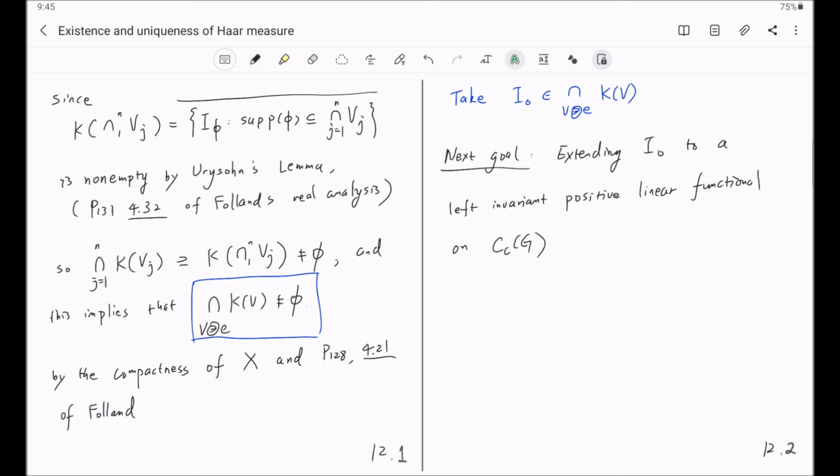Remember, at this moment, by definition, those I sub phi's are only defined on C_c^+(G). Remember, when we define I sub phi, they are all defined on the functions that are strictly positive. Later, we'll extend the definition of I_0 to all functions on C_c(G), not necessarily strictly positive.